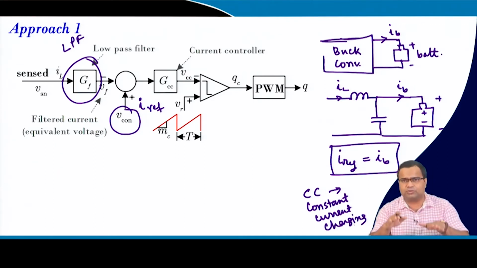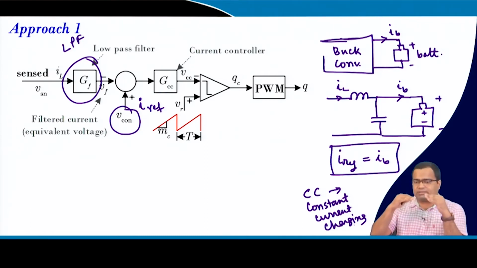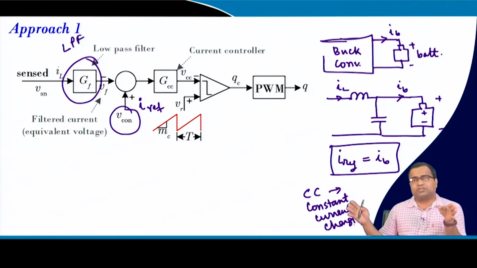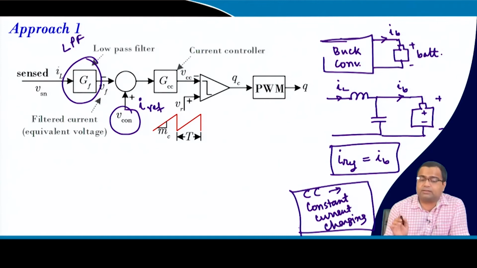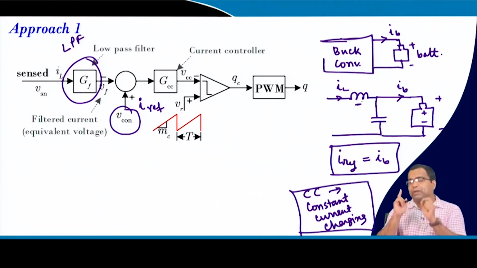Particularly when the battery voltage goes below some threshold voltage, then we should charge the battery using constant current charging, and when the battery voltage goes above some threshold voltage, then we go to constant voltage charging, and then the current will slowly decrease, and beyond some threshold value of the current, we simply stop the charging process. So, if we talk about the constant current charging where there is no voltage loop, we are sending a current reference command to the buck converter to make sure that this battery current is nothing but the required current.